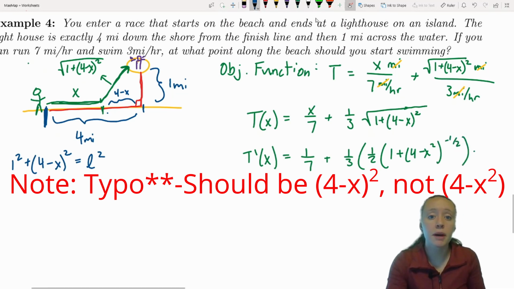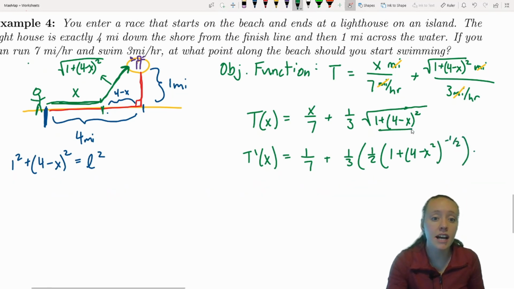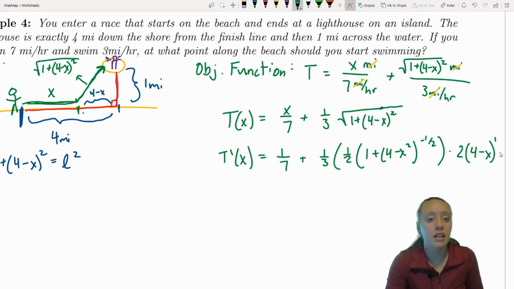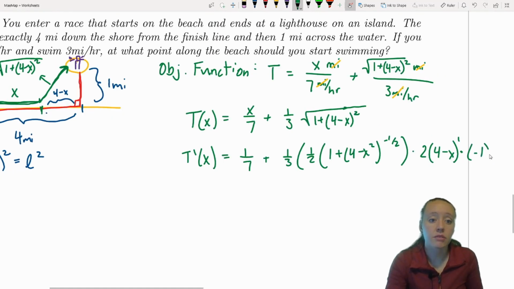And then I need to multiply by the derivative of my inside, where 1 goes to 0, but the derivative of (4 minus x) squared is a chain rule in itself. So that's going to be, again, bringing down the exponent, 2 times (4 minus x) raised to the first power, but then I still have to multiply by the derivative of that final inside, 4 minus x, which is negative 1.